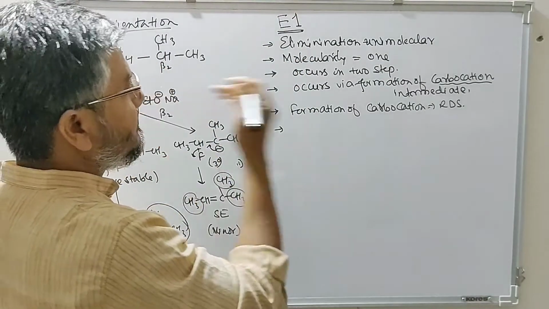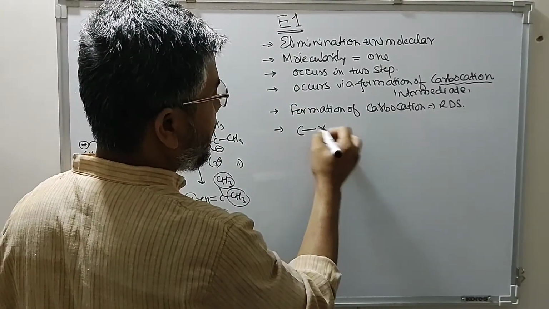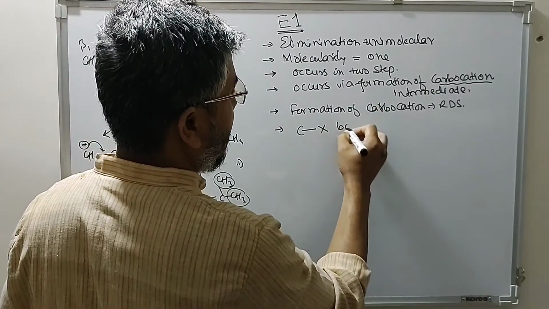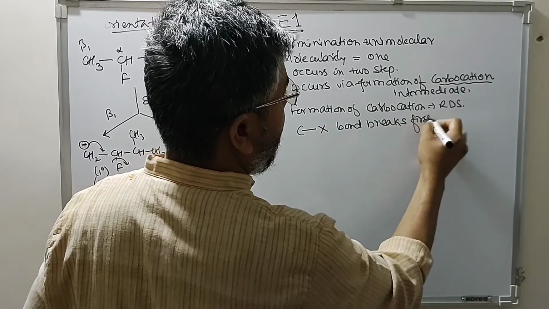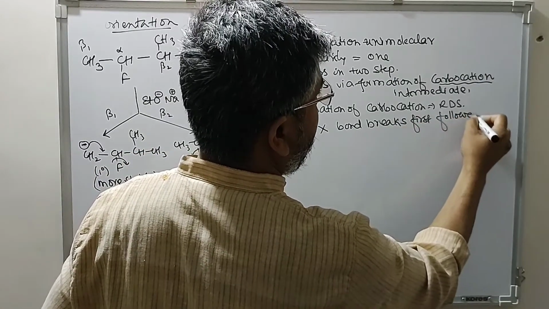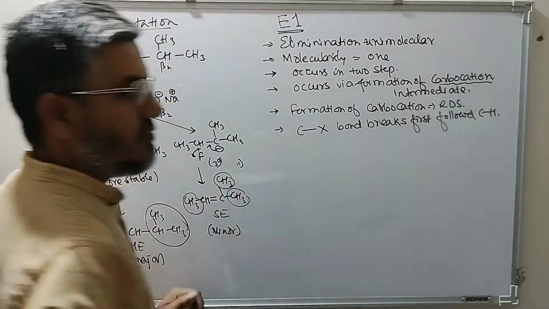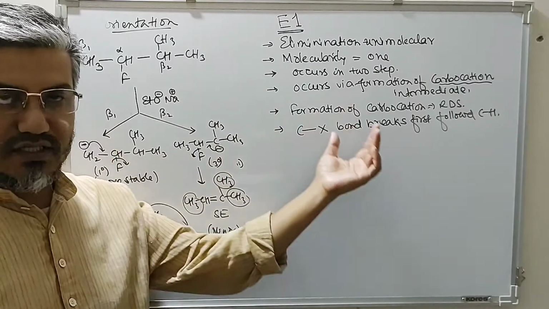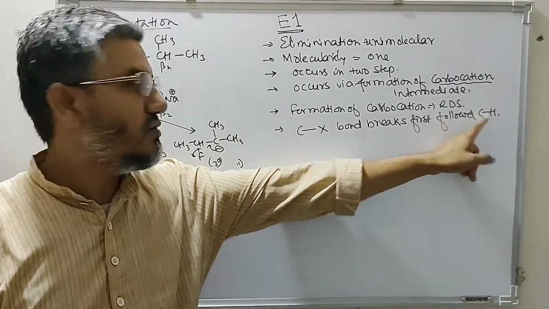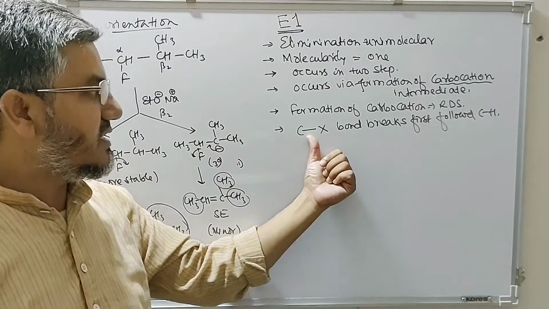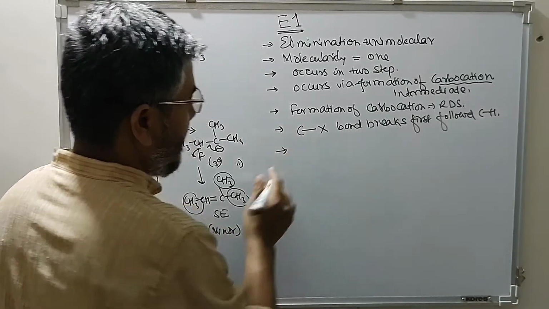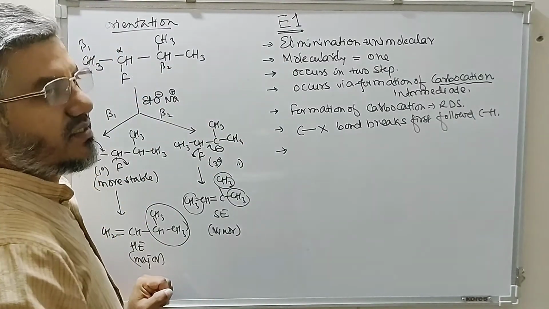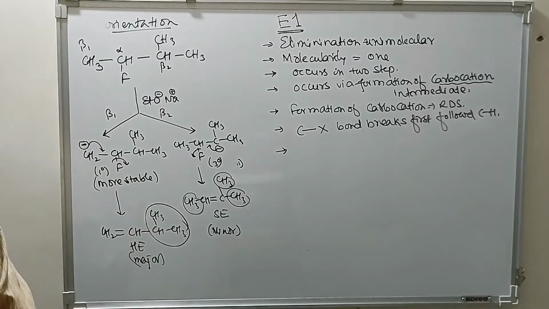In this reaction, the C-X bond, the carbon halogen bond, breaks first, followed by the carbon hydrogen bond. In E2 there was simultaneous breaking. In E1cB the CH bond breaks followed by CX. In E1 the CX bond breaks followed by the CH bond. Now all E1 reactions must be carried out in the presence of a polar protic solvent.